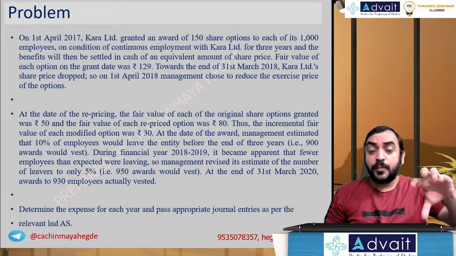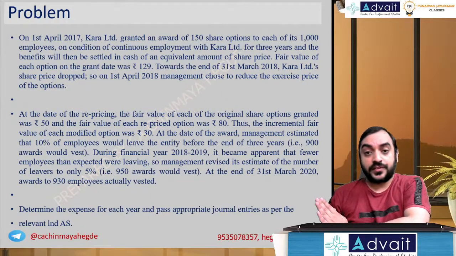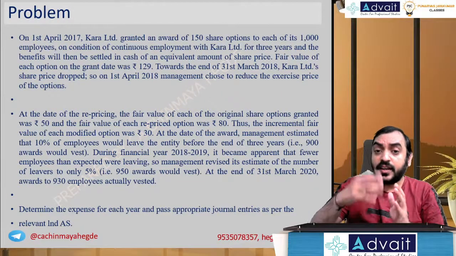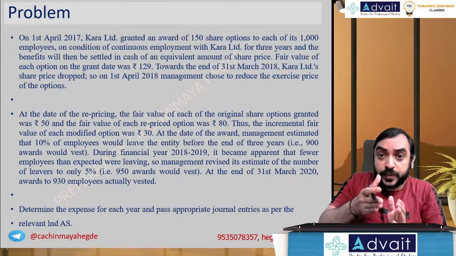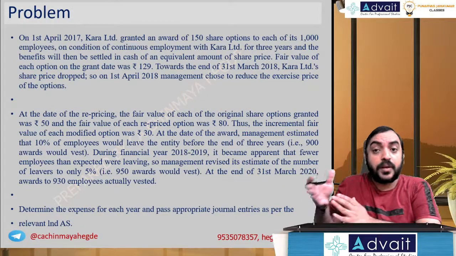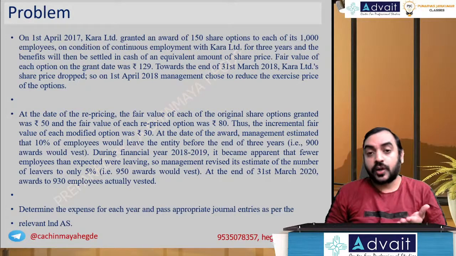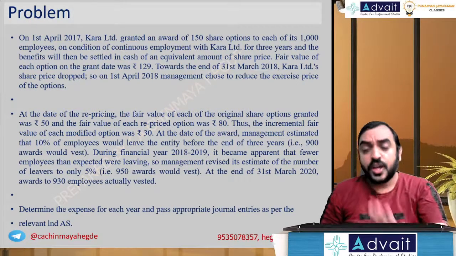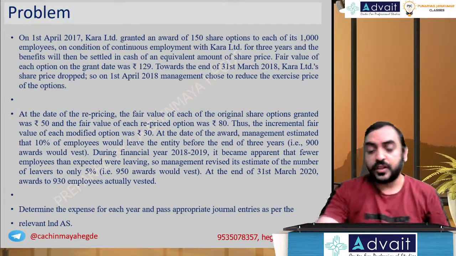Understood? The original amount will be spread across 3 years. The new amount we get, if it is incremental, is spread across the remaining years. But if it is decreasing, we ignore that. So first we'll account for the original one, then we'll account for the revised one.